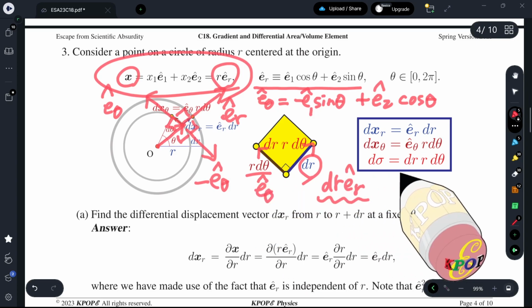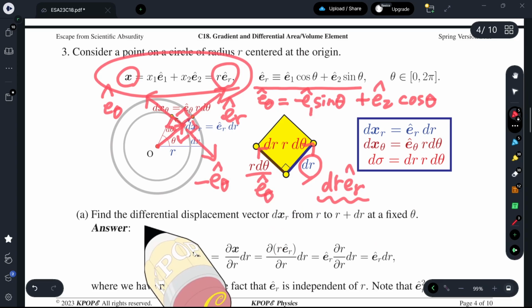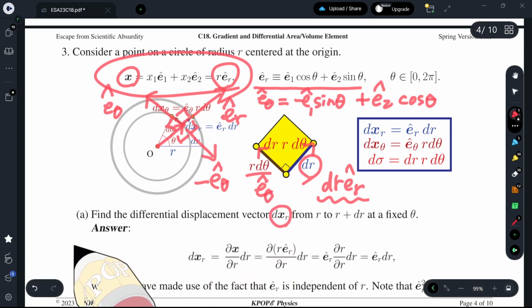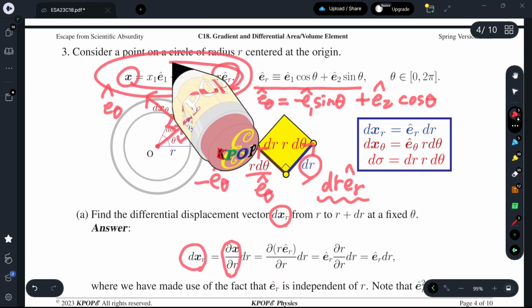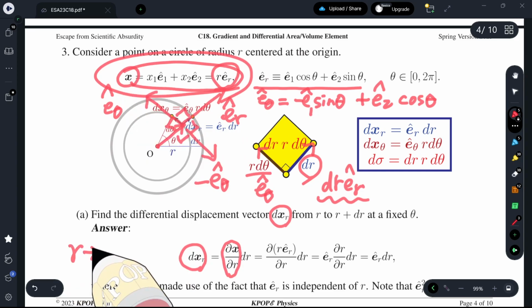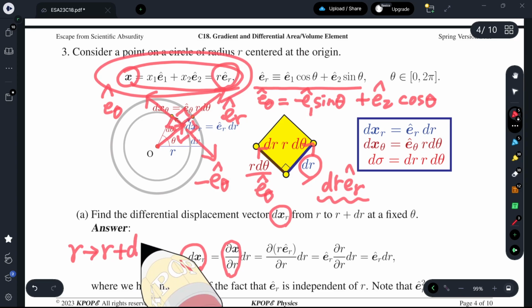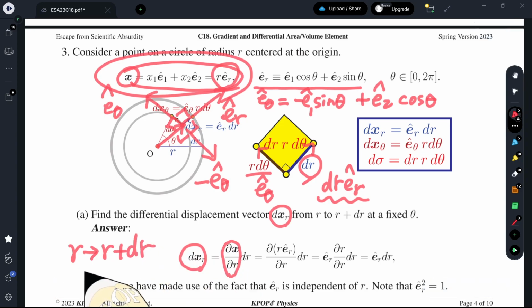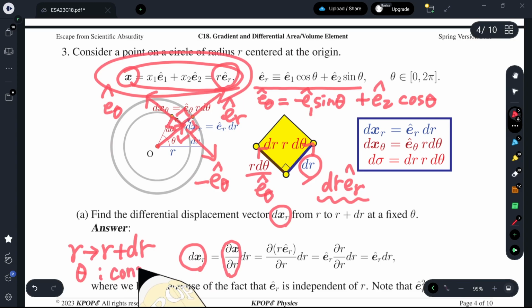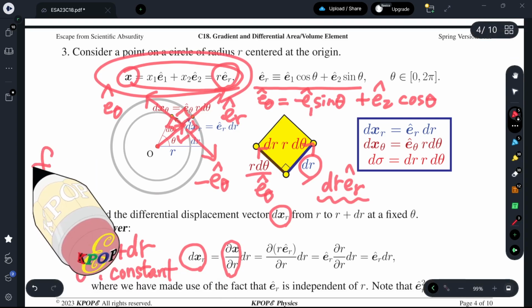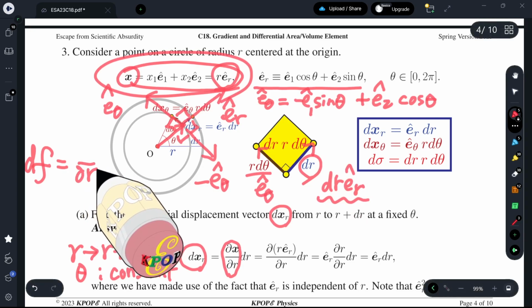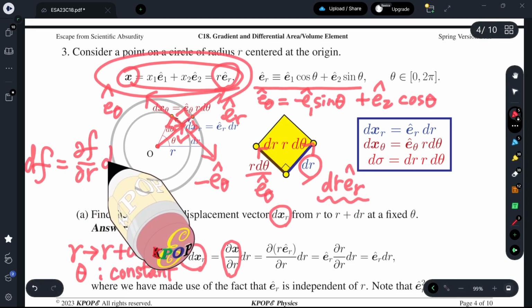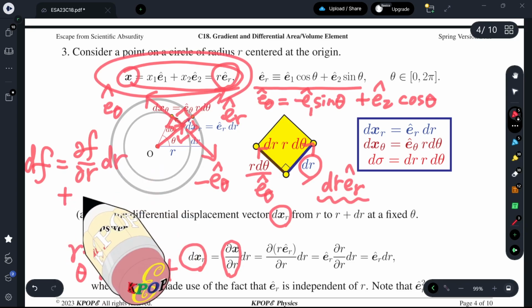Let's see how to compute this and find the differential displacement vector. First, I'd like to find the change in the position vector by varying the radius, but keeping theta constant. In principle, a total differential in polar coordinates should be expressed as a linear combination of the two differentials.